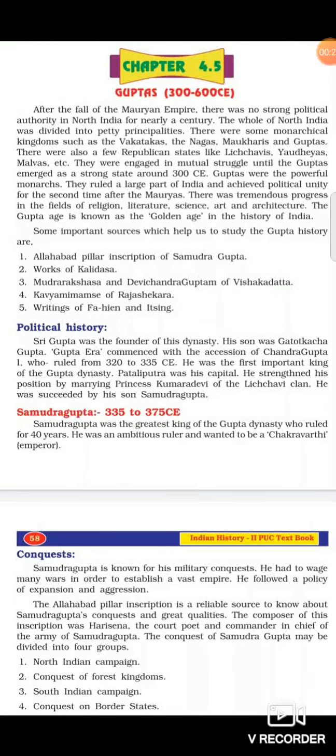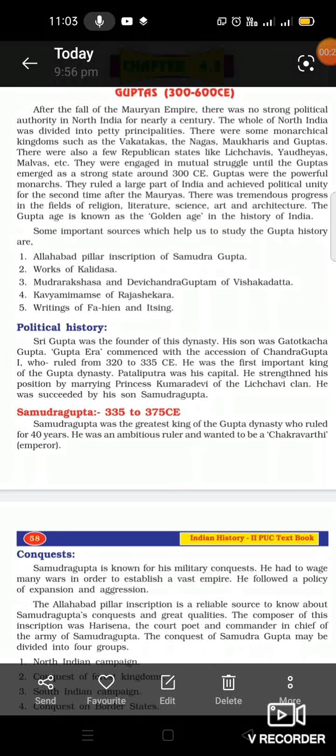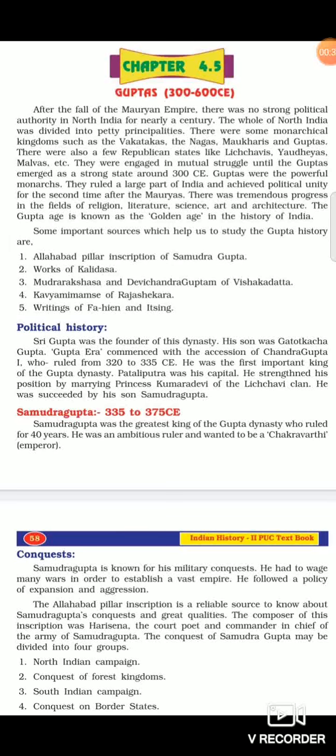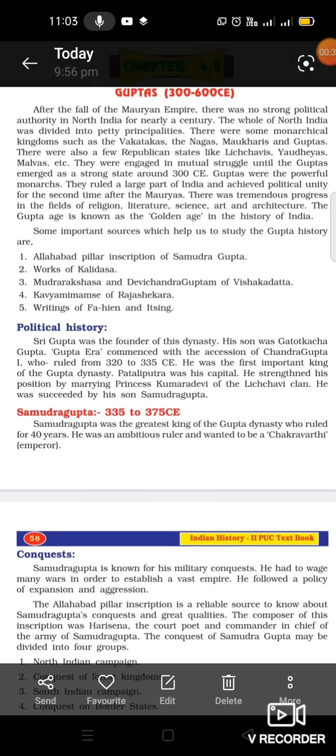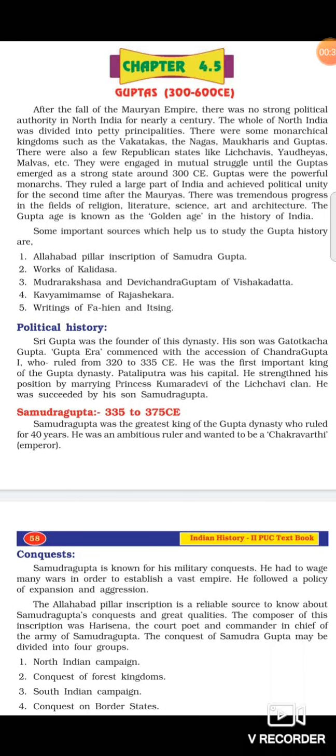After the fall of the Mauryan Empire, there was no strong political authority in North India for nearly a century. The whole of North India was divided into petty principalities. There were some monarchical kingdoms such as the Vakatakas, the Nagas, Maukharis, and Guptas.